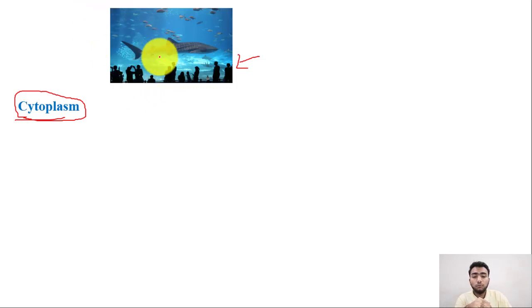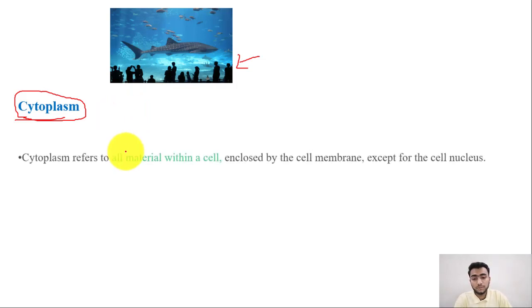So the water inside the aquarium can be thought of as cytoplasm, and the various fish that are swimming can be thought of, for the moment, as various subcellular structures that are swimming inside cytoplasm. I hope that makes clear what cytoplasm is.